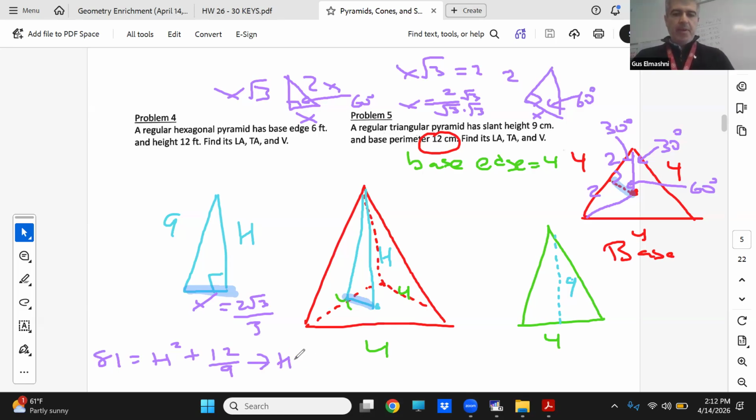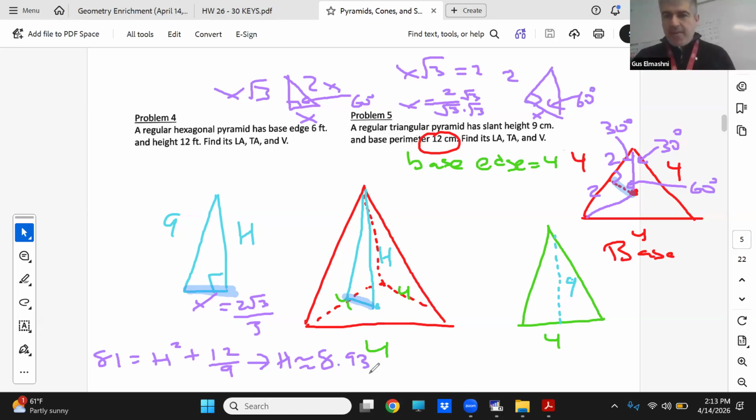We'll do it as a decimal because I'm not going to do it as an exact form. Oh, goodness gracious. 81 minus 12 ninths, you get 79.67. Oh, I have to square root it. After I square root, you get 8.93. Okay, so that's my height, 8.93.